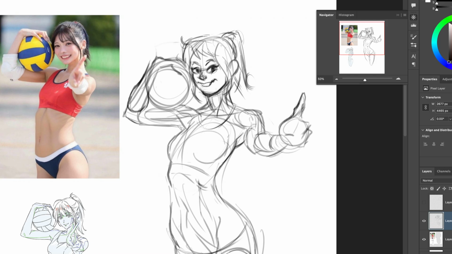Okay, that's better. That was just drawing too small. That's the problem when you draw digital. Sometimes you have too many options actually.